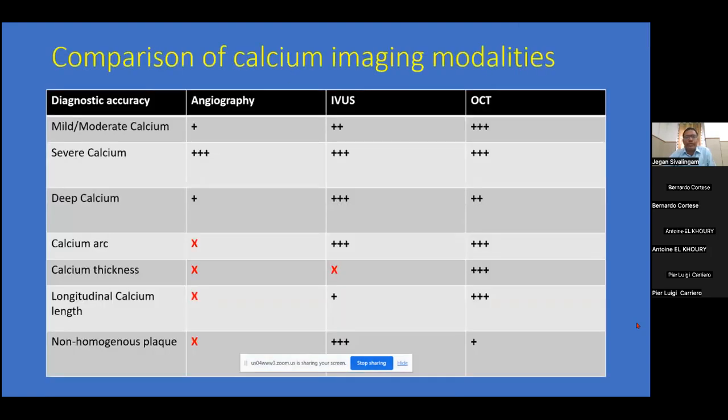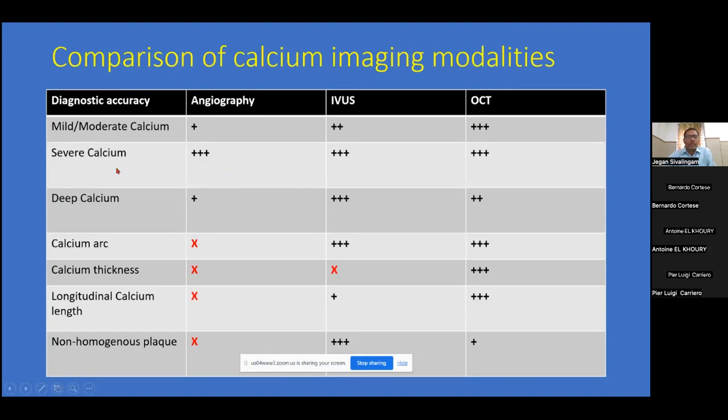This table compares the various imaging modalities and the diagnostic accuracies with respect to calcium. As I told earlier, when there is mild to moderate calcium, angiography is not as sensitive as compared to IVUS or OCT. OCT is definitely better than other modalities in detecting the mild to moderate calcium.